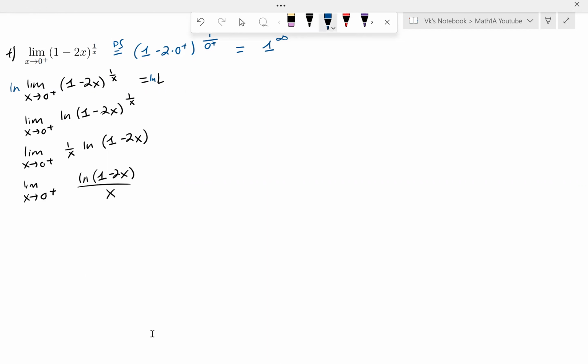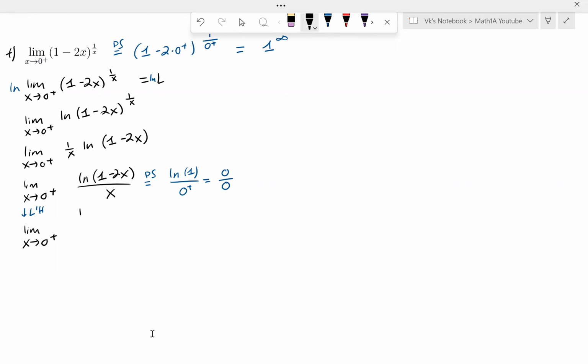Let's do a direct sub here. We have ln 1 over 0 on the right side, which is 0 over 0, an indeterminate quotient. So apply L'Hopital's rule. Limit as x goes to 0 from the right side.